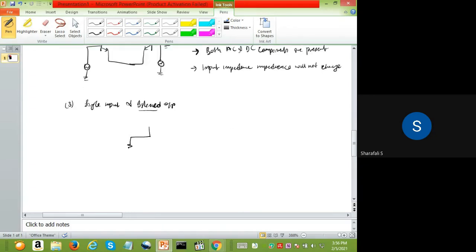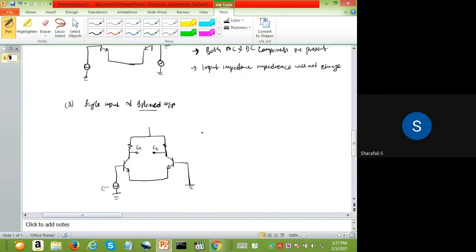So the circuit will be: we are applying only one signal here. This is grounded. So the output is taken from C2 with respect to C1. Either way you can connect this one. You can give your signal in the inverting terminal or in the non-inverting terminal.